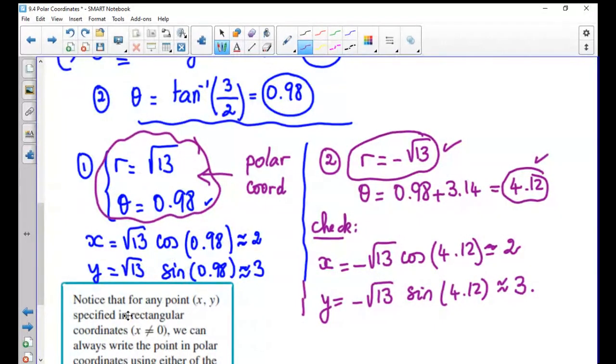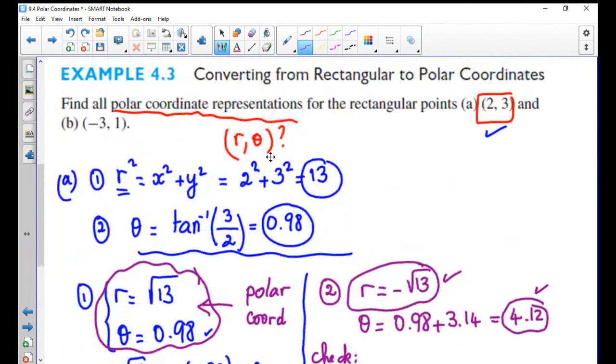That's another representation, because we just go around the circle. Now I think there are just a couple more things I want to add here.